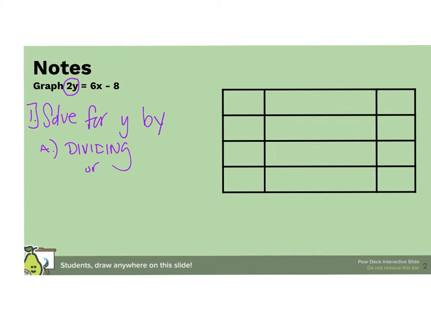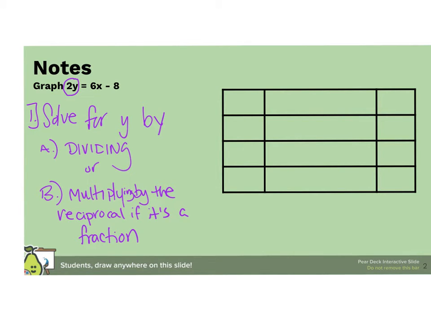Or if it's a fraction, you're actually going to multiply by the reciprocal. So solve for y by dividing or multiplying by the reciprocal if it's a fraction.